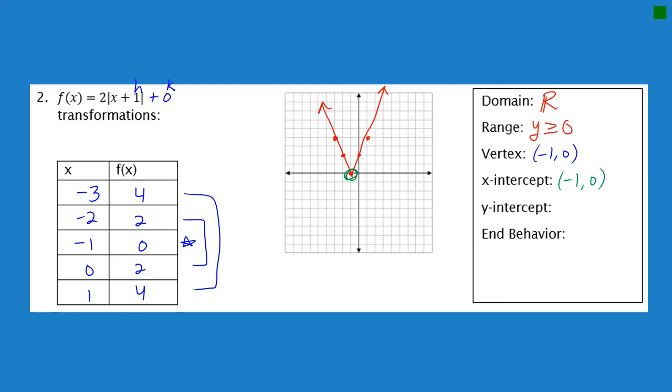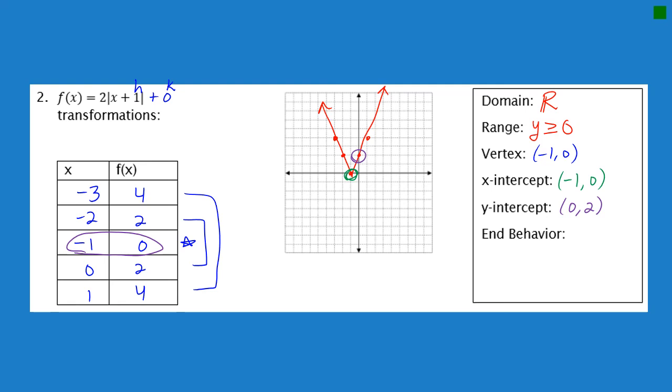And then I want to find the y-intercept. That's this point right here that I just circled in purple, and that is at the point (0, 2). And one thing I want to point out is that you can always see the x and y intercepts, if there are nice ones, on your table. Your x-intercept will always have a y value of 0, so that's this point right here.